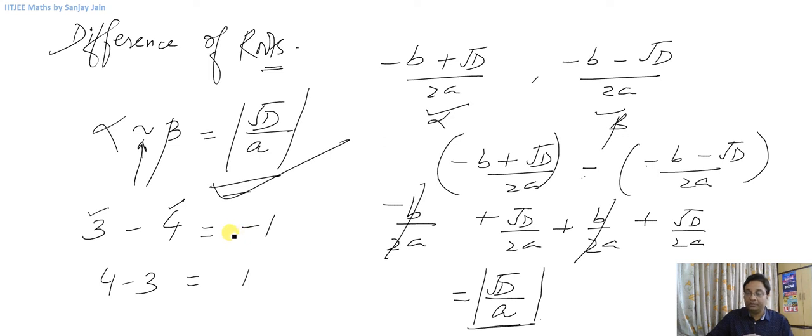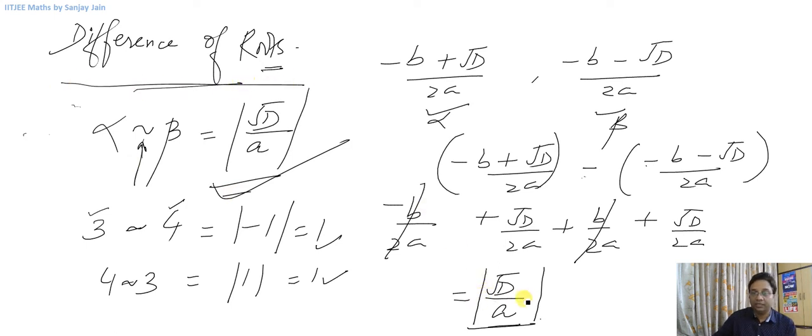You're talking about difference, higher minus lower. So if I apply the modulus sign here, in both the cases it will be 1, which is true, right? So if I need the difference of roots in case of a quadratic equation, then I'll write mod of root d upon a. So this is the difference of roots.